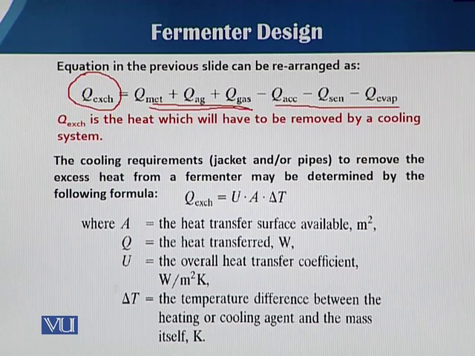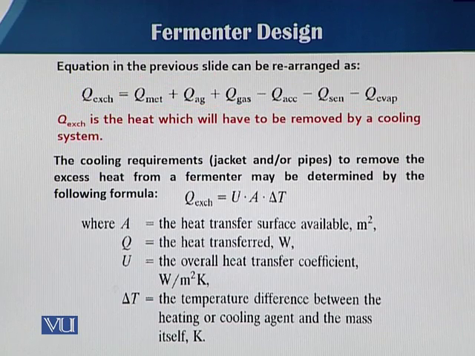The net change between these two groups of factors is the amount of heat that we require to exchange. When we know how much heat is required, by using this equation, Q exchange is equal to U dot A dot delta T. Here A is the heat transfer surface available, that is, the total area required for the transfer of heat.